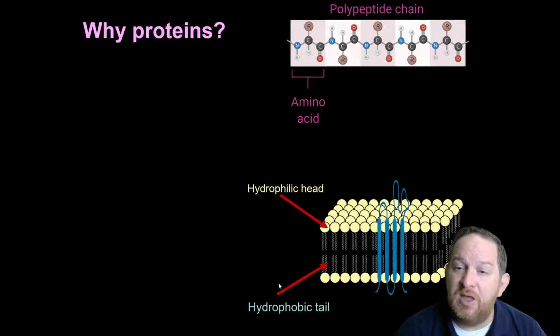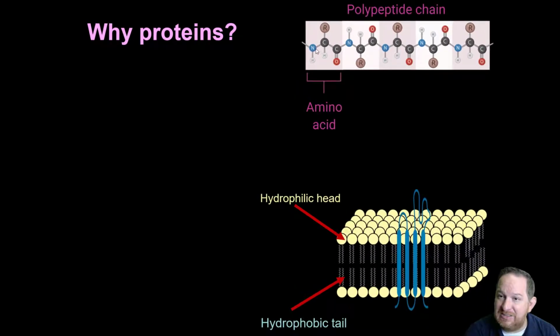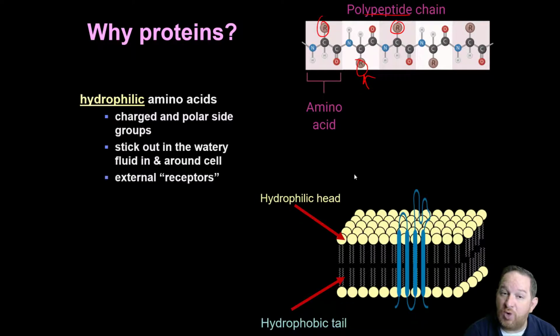So why these proteins? Well, I just mentioned it. The amino acid chains all have these different R groups. And these R groups, because they're different, give us different properties. The hydrophilic amino acids, as I mentioned, will stick out here in the watery fluid. And these are going to be good for little receptors, right? So when something wants to come in, it might bind to the receptor and then be allowed to come through.